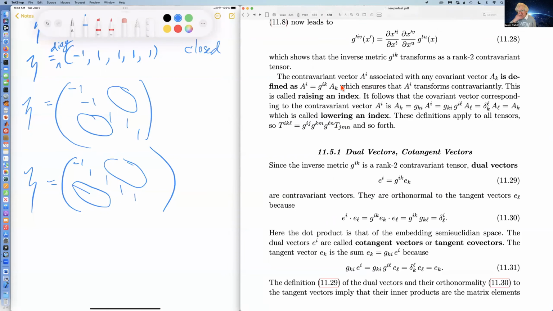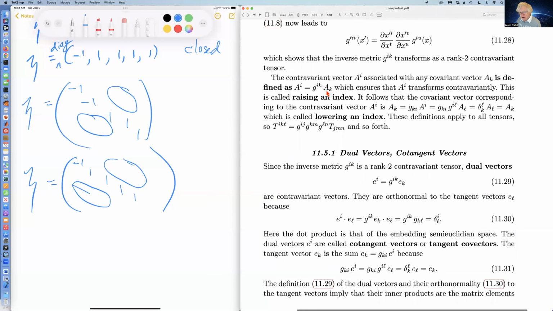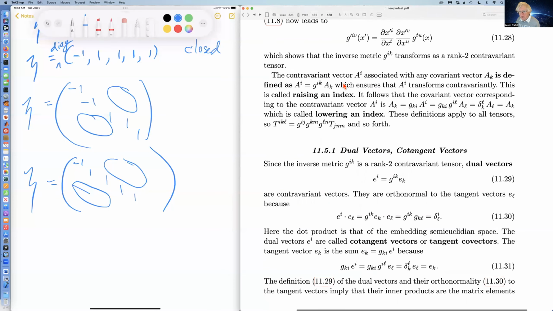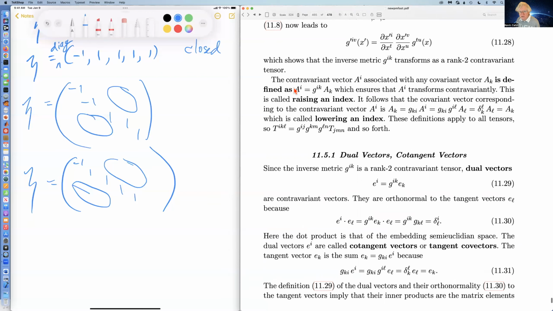If we take this inverse metric and multiply it by a covariant vector and sum, this is going to be a contravariant vector. We say that it is the contravariant vector associated with the covariant vector A. Similarly, if you have a contravariant vector A, upper I, the covariant vector associated with it is GKI, AI.